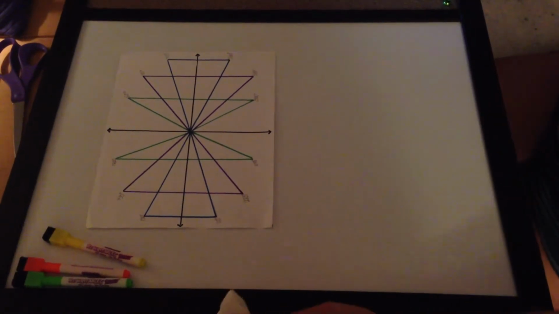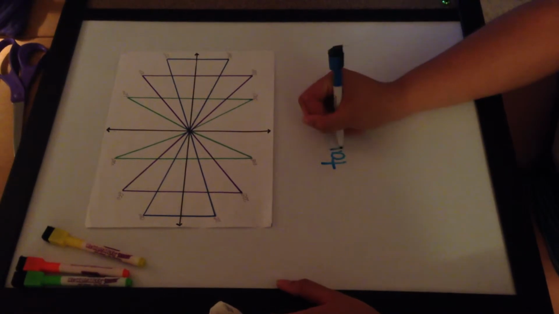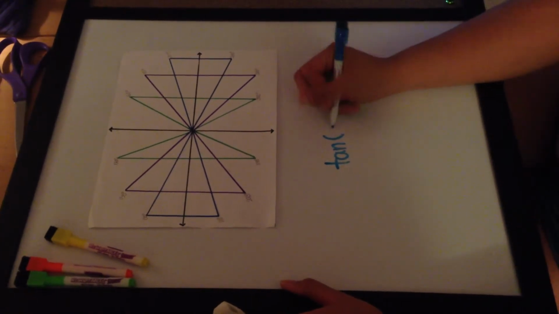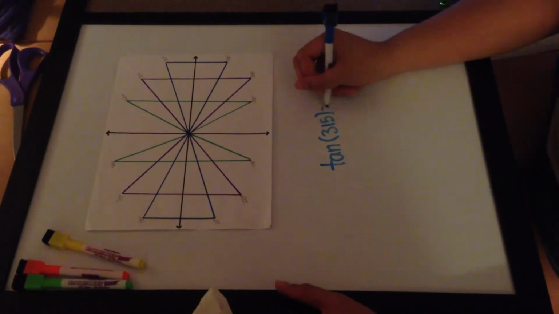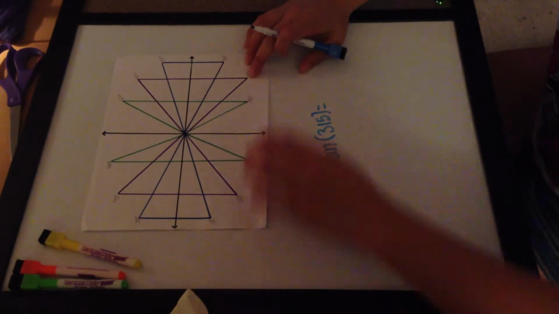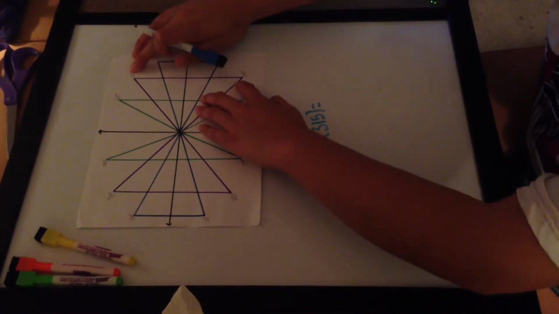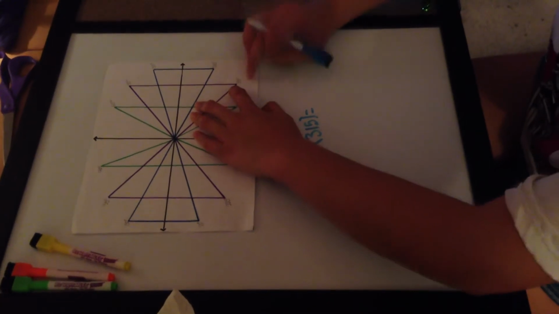For our next one, we have tangent. As you might remember, tangent is the sine over the cosine. So if we go here to 315, it's purple, so we're using 45. So both values will be root 2 over 2.